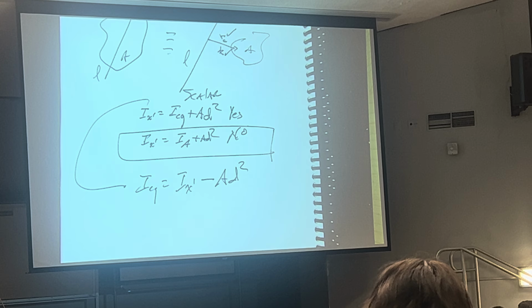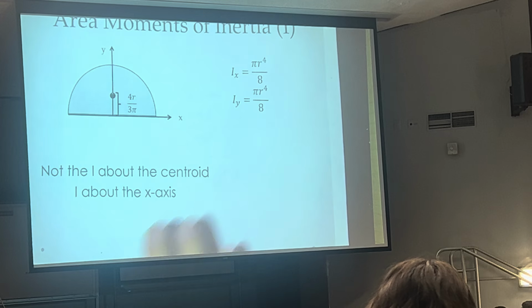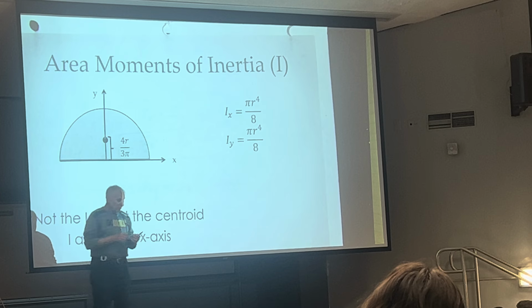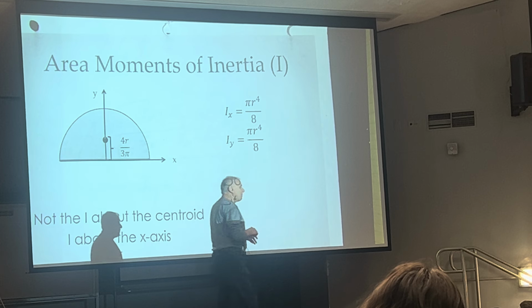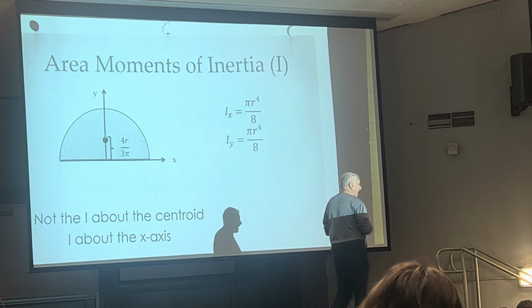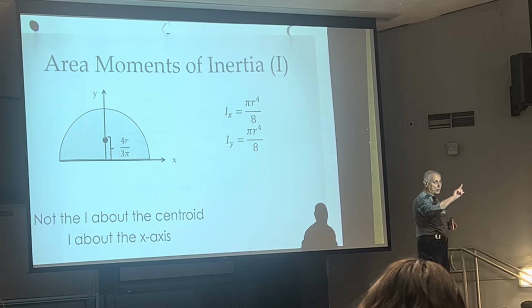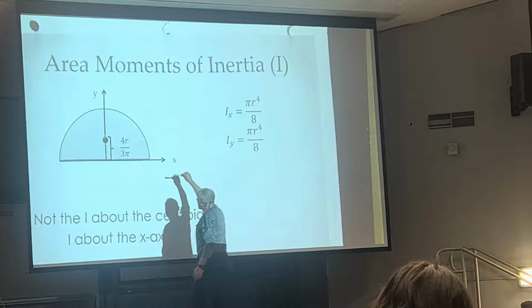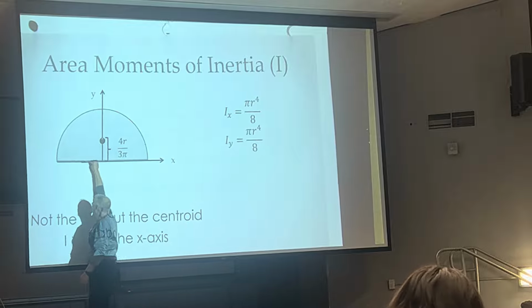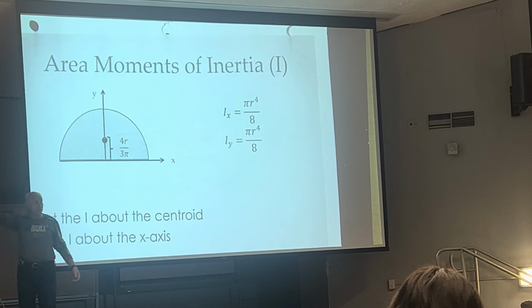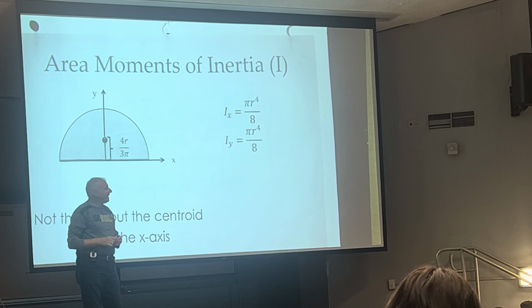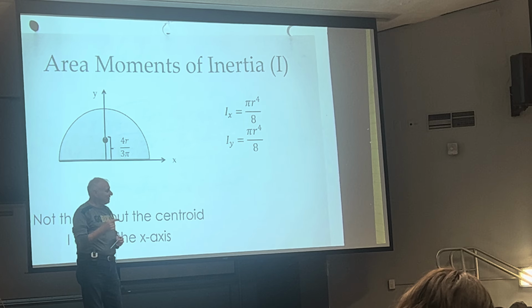How is this used? Well, here's one way. If you look at your textbook, good old Hibbler gives you I about the x-axis, I about the y-axis. Remember, he uses one subscript, I use two. He's saying the I about here is pi r to the fourth over 8. He never gives you the ICG.